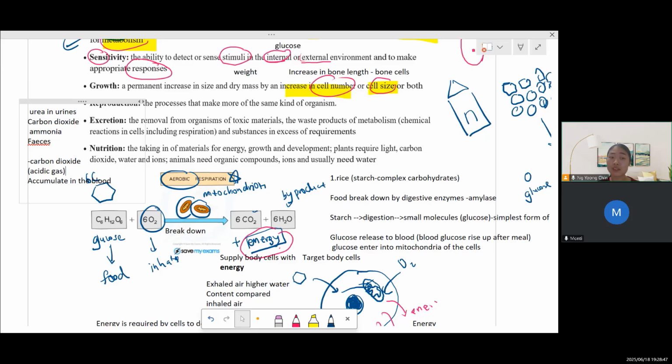They will have this kind of issue: the carbon dioxide will accumulate in their blood. So what will happen is your blood pH will be reduced, right?